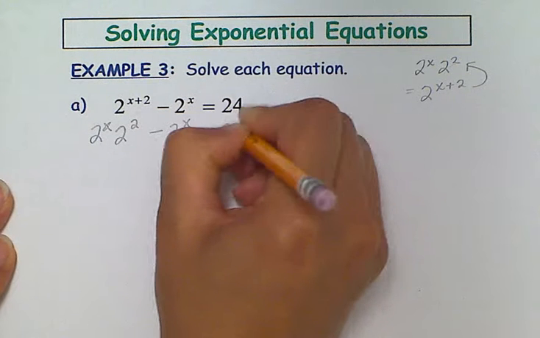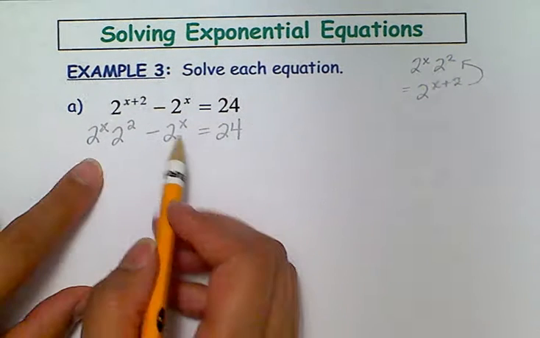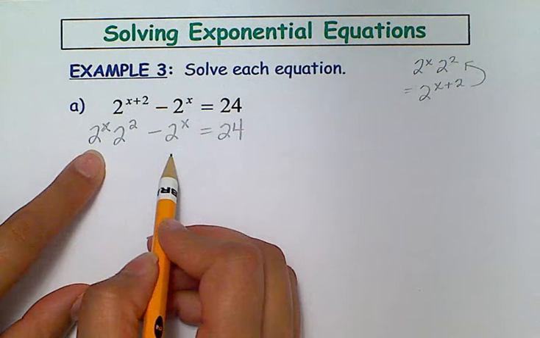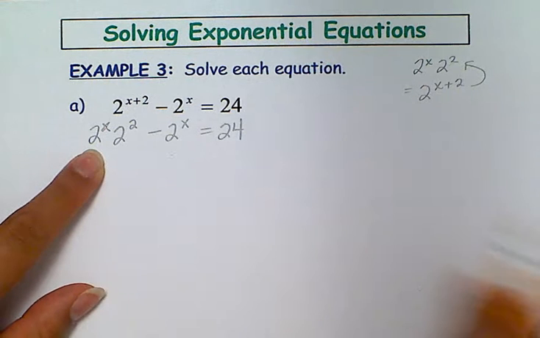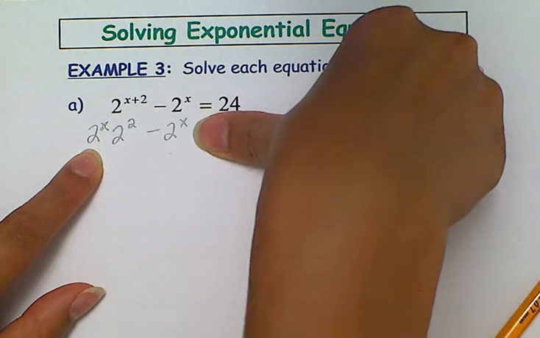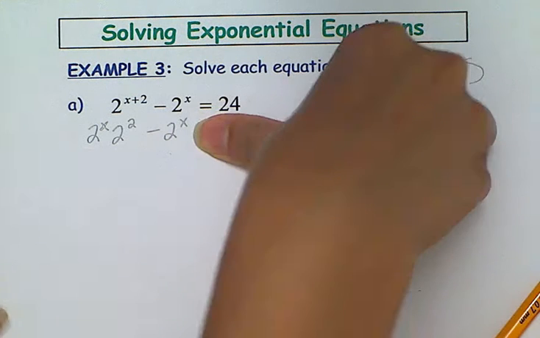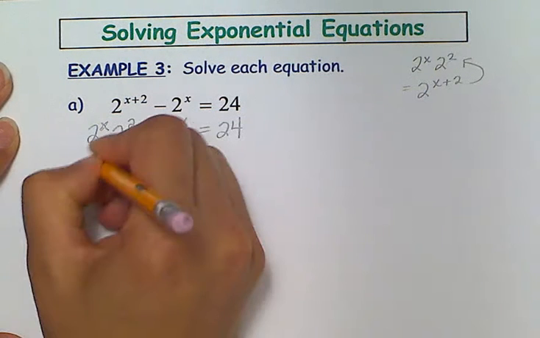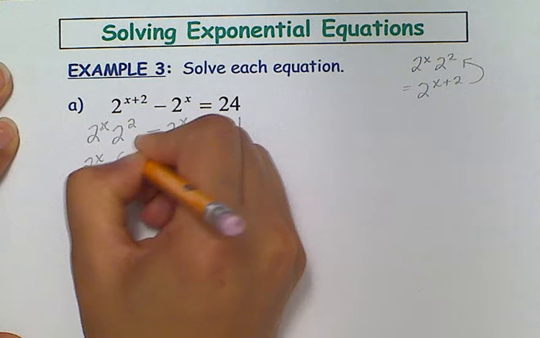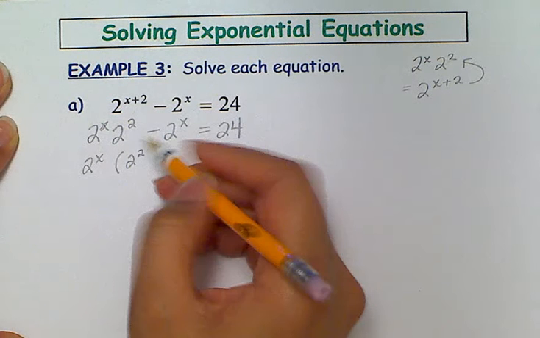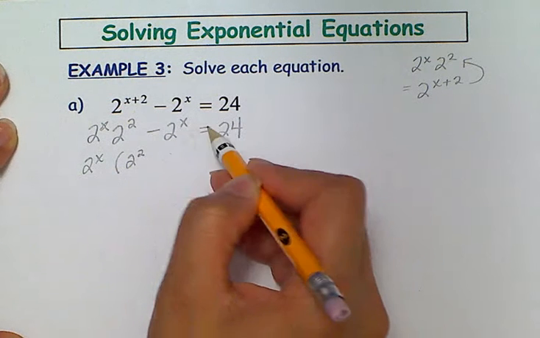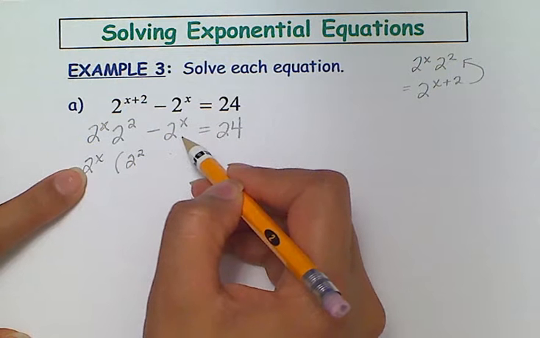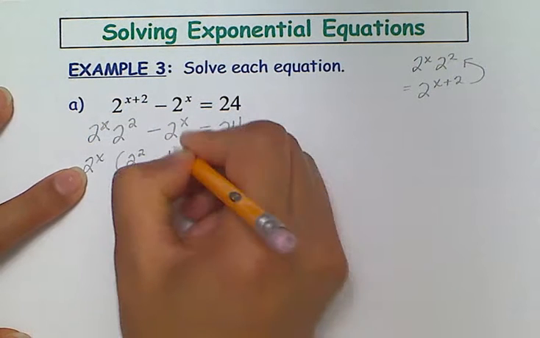Now if I look at the left-hand side again, you'll notice both of the exponential terms have a common factor of 2 to the exponent x. So I can factor that out, and we did this in the warm-up as well. Okay, so I'm going to factor out 2 to the exponent x, and I get 2 to the exponent 2 that results from the first term, and 2 to the exponent x divided by 2 to the exponent x gives me 1, so minus 1, and that'll equal 24.